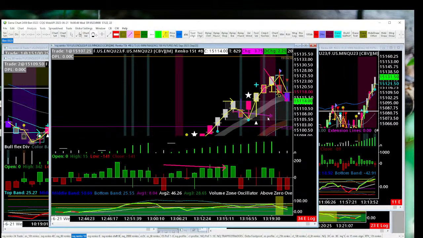selling just doesn't make a lot of sense to me, because the sellers who sold here got absolutely devastated. They got totally squeezed out. So some of them probably are still short. And when we come back into those levels, those previous sellers from here become like forced buyers.